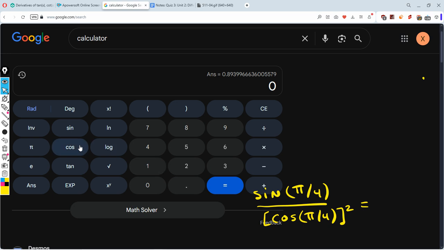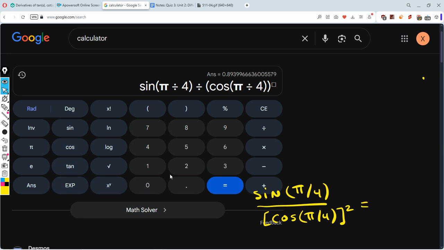We're going to do the sine of pi divided by 4, close parentheses, and then that's going to be divided by cosine of pi divided by 4, close parentheses twice, and square it.